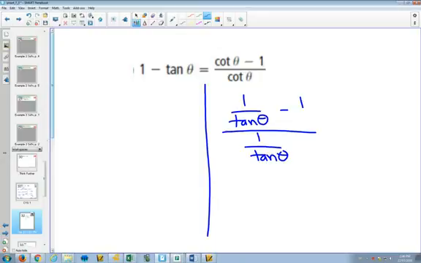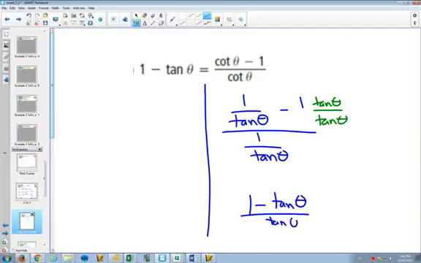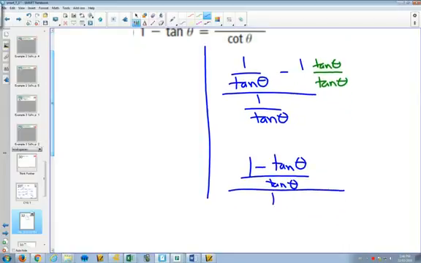We have a fraction on the bottom. So if we can get a single fraction on the top, by making this 1, I'd have to multiply by, to get a common denominator, tan over tan. Then on the top, I'm going to have 1 minus tan theta over tan theta. And on the bottom, I'm going to still have 1 over tan theta.